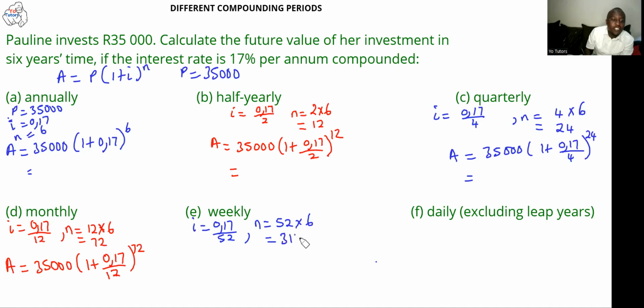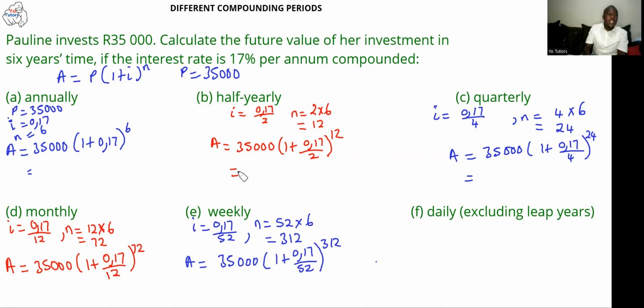So it's going to be compounded 312 times. So A is going to be equal to 35,000 in bracket 1 plus 0.17 over 52 to the power of 312.